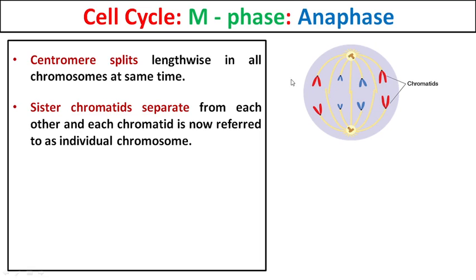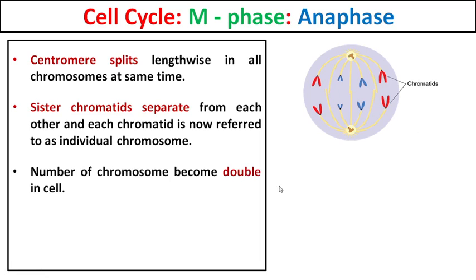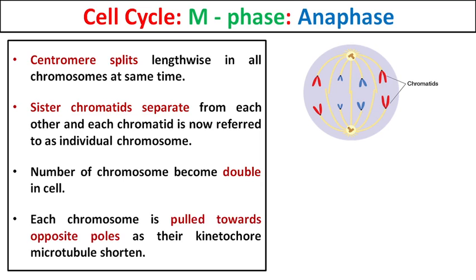At this point of time, the whole cell has two copies. It has double the number of chromosomes. Clear? So now you will have how many? 46 plus 46 chromosomes. Each chromosome is pulled towards the opposite pole.